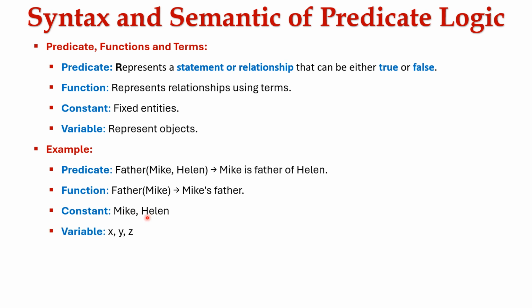The variables can be x, y, z and so on. The operator precedence from highest to lowest is negation, equivalent to, and, or, implication and biconditional. So negation has the highest operator precedence value and biconditional has the lowest.